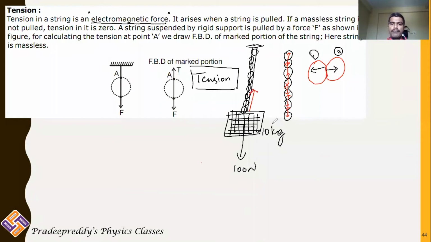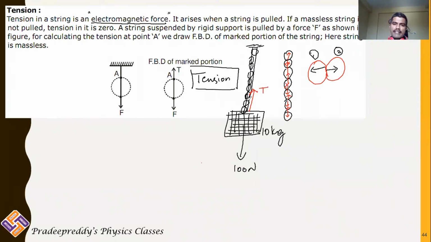So at this point, the atom which is in contact with this 10 kg, the wire which is in contact with the 10 kg, will be exerting some force on the 10 kg mass in the opposite direction, that is called tension.